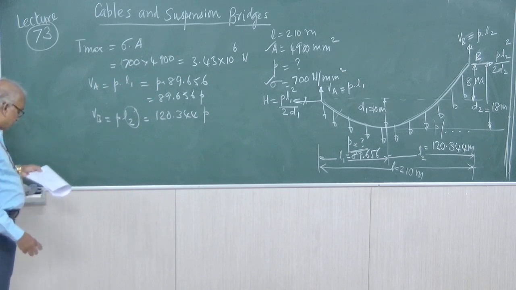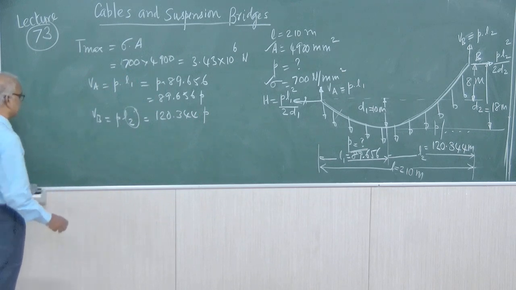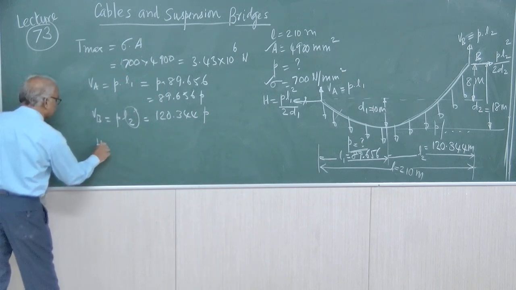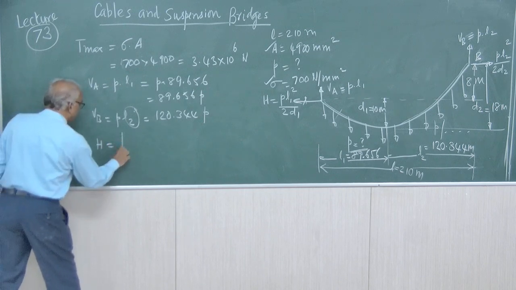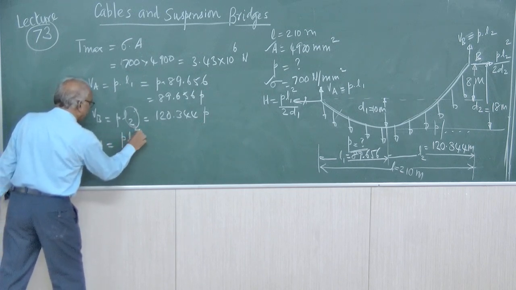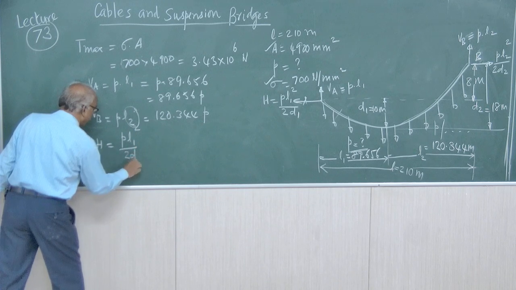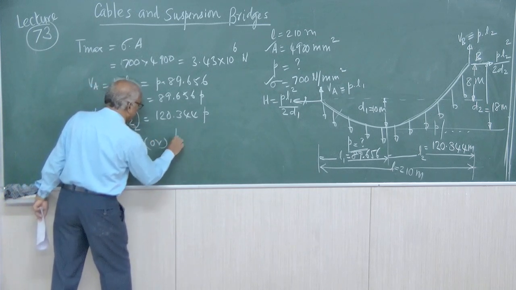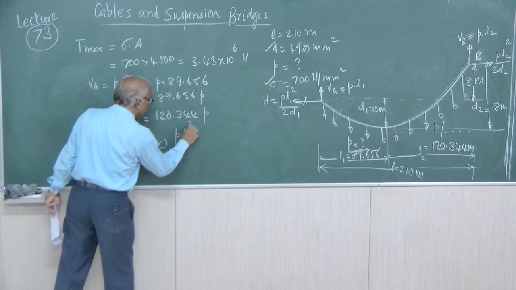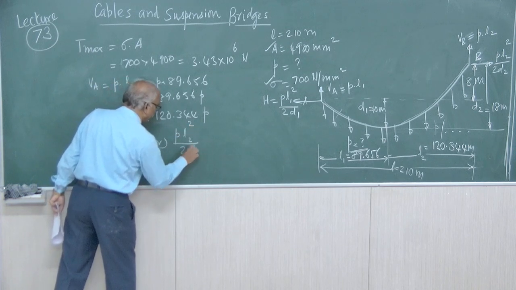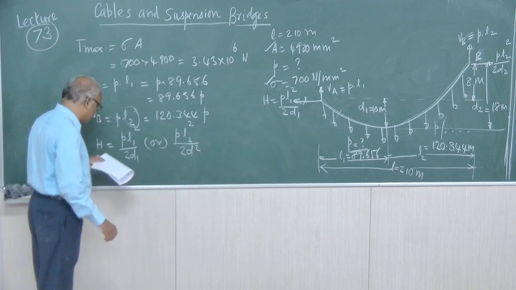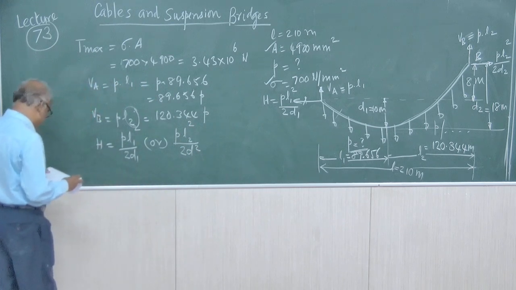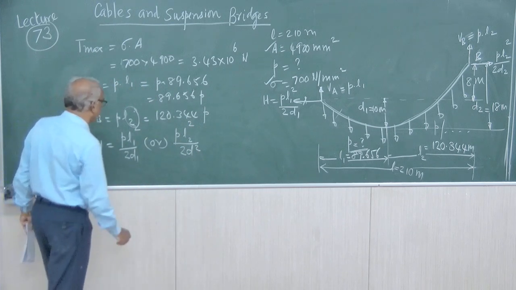Right. Now next is H, the horizontal tension. P L1 square by 2D1 or P L2 square by 2D2; both will give the same value. Let us make use of the second one.